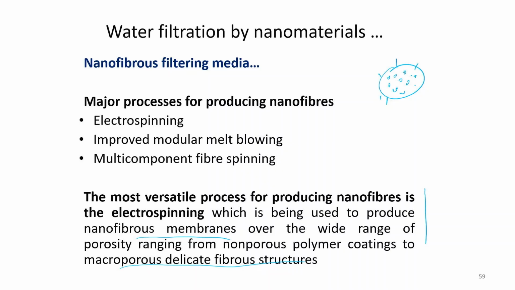So, due to all this versatility, electrospinning is a very popular choice for producing nanofiber mat.